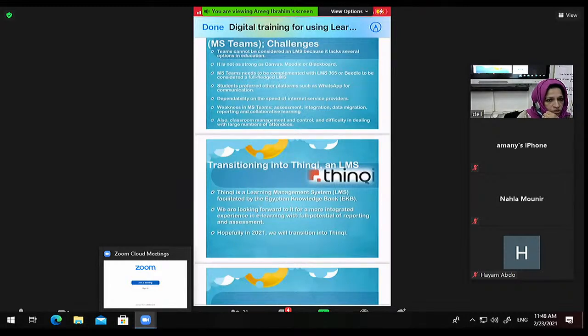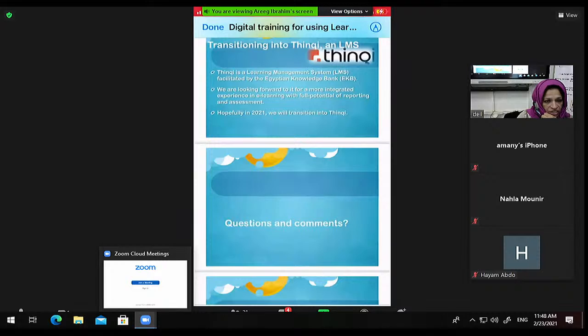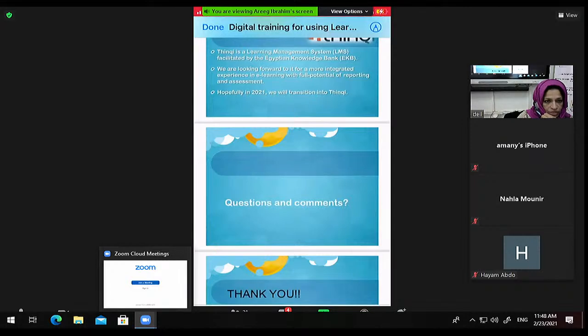We're looking forward to it because, so I heard, it's an integrated experience with full potential of reporting and assessment, and hopefully we are going to be transitioning into Thinky soon, and we can then share our experiences with you about using it generally in education and about using it in teaching English as a foreign language for Arabic speakers.